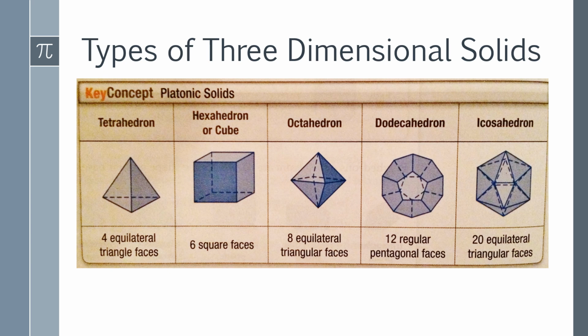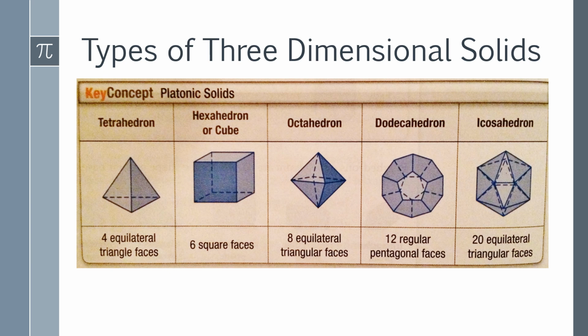The first one is a tetrahedron, which has 4 equilateral triangle faces. The hexahedron, or the cube, which is what most of us are familiar with, has 6 square faces. The octahedron is made of 8 equilateral triangular faces. The dodecahedron has 12 regular pentagonal faces. And the final one is the icosahedron, which has 20 equilateral triangular faces.